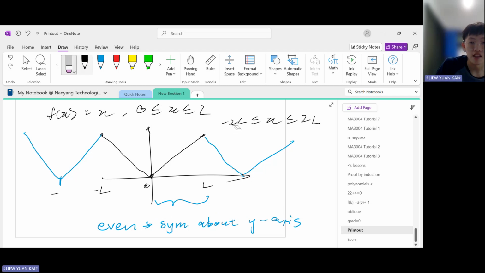You know what? Let me change the question. Let's say you want the half range expansion up to negative 3L and 3L. So this is negative 2L, and here will be negative 3L. Yeah, so this is how you do it.